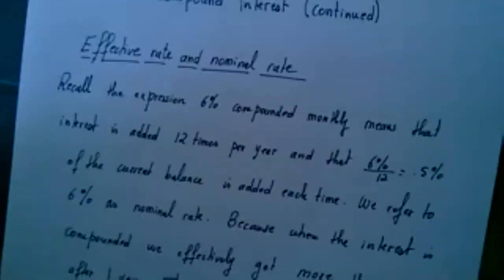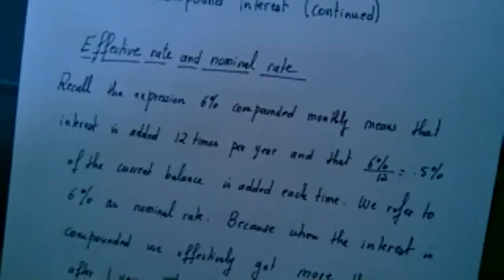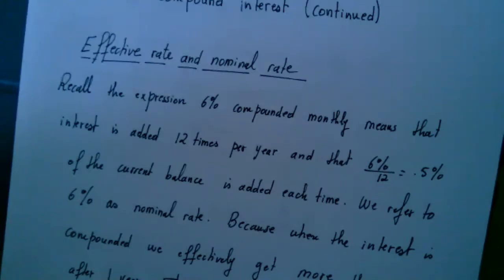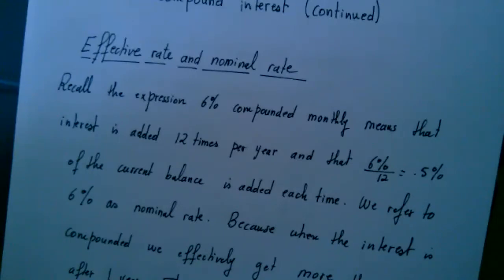So if the interest is 6%, compounded monthly, it means effectively we make more than 6% after 1 year because of the compounding. We don't make 6%, we make a little bit more than we would have made if it were annually.